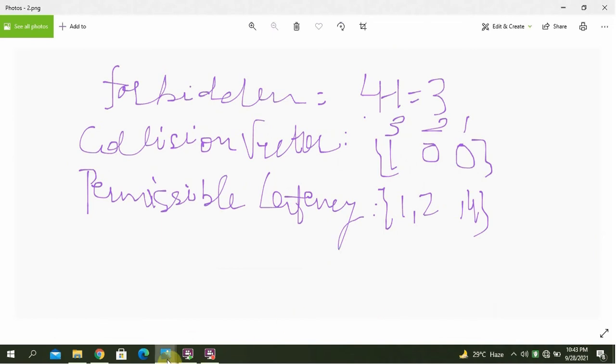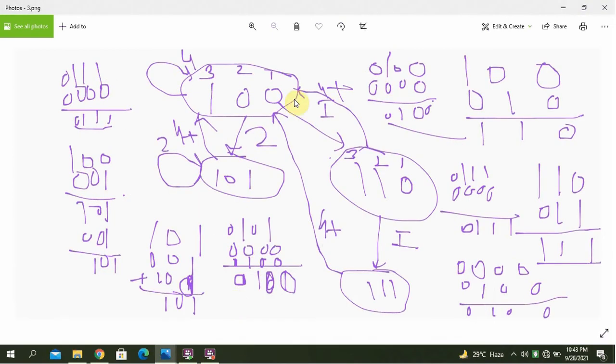By shifting the vector right one position, for example 1, 0, 0 shifted one position becomes 0, 1, 0. This vector is then bitwise ORed with the collision vector to produce a new collision vector.